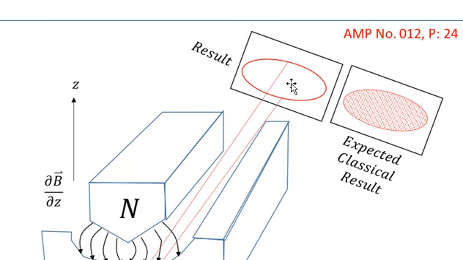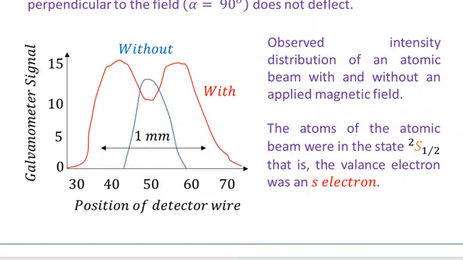The beam diameter will not be changed, and the two parts of the beam which have been shown as deflected will not deflect and will concentrate on the center. So the central part is the undeflected part, due to the absence of the magnetic field. When you apply the magnetic field, the beam will be deflected, as shown by the red curve in the presence of the field.